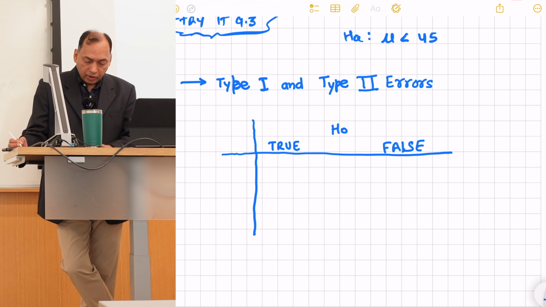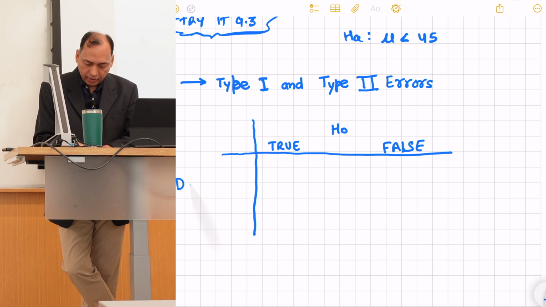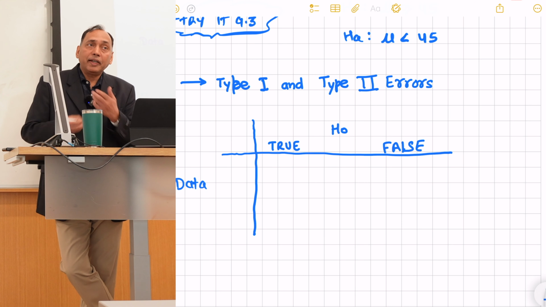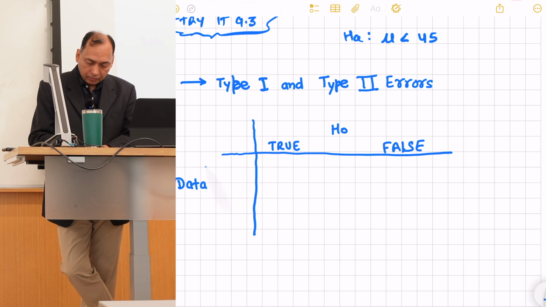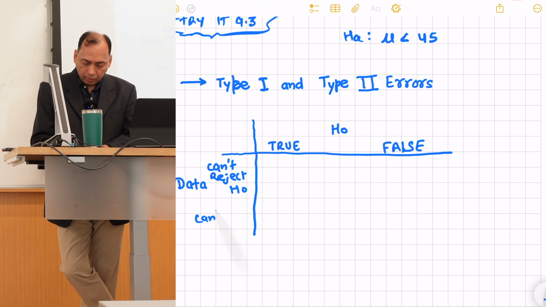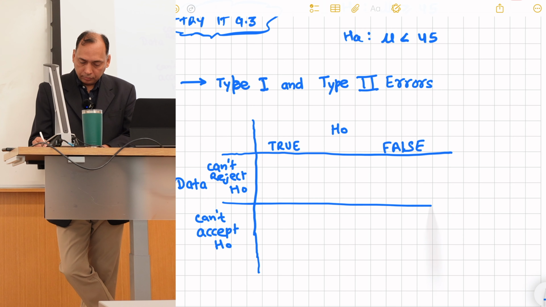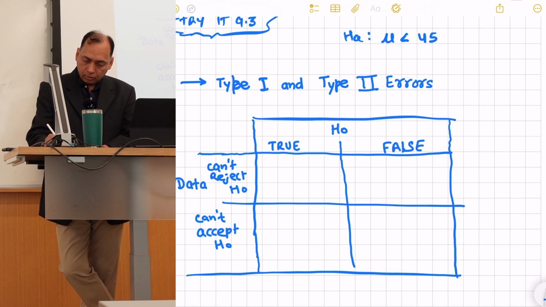And then you collect data, and based on the data, whatever analysis we do, that tells us 2 things: either cannot reject HO or cannot accept HO. So we always talk in terms of HO. So these are the situations possible. So this is reality or actual.